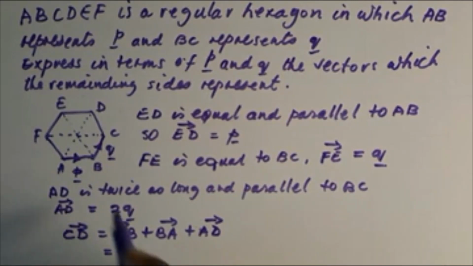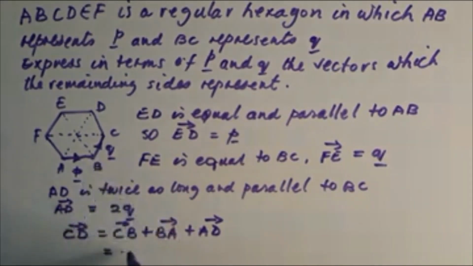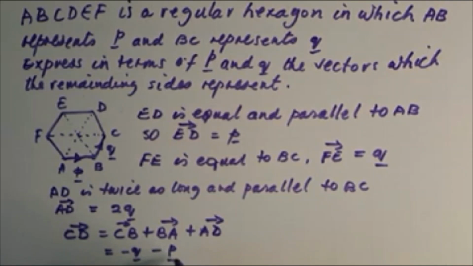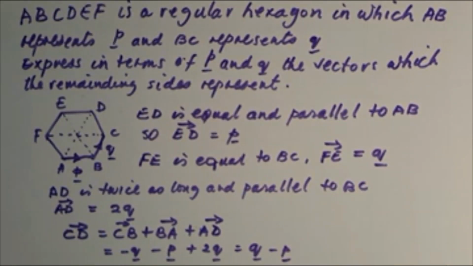We have CB going in the opposite direction, so it's negative, opposite sense. BA, again, AB is positive, so BA would be negative. And we just calculated AD, which is 2Q, which gives us the result Q minus P.